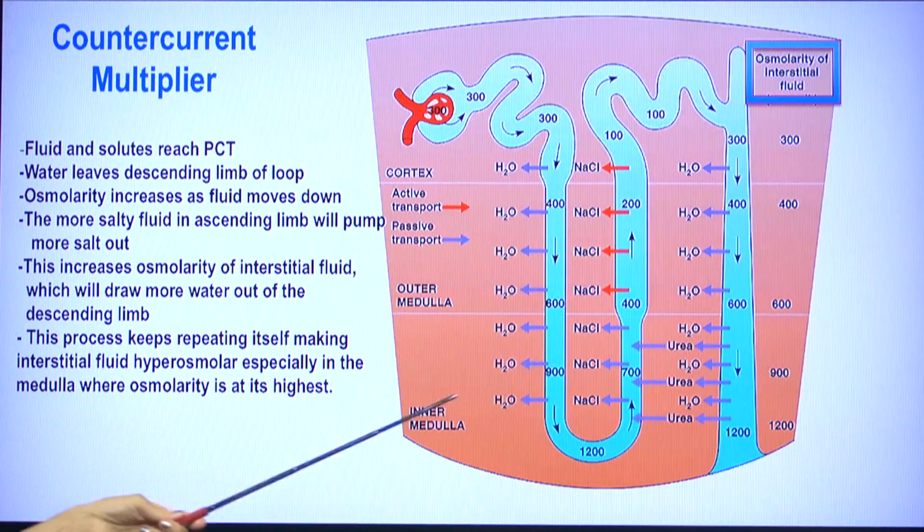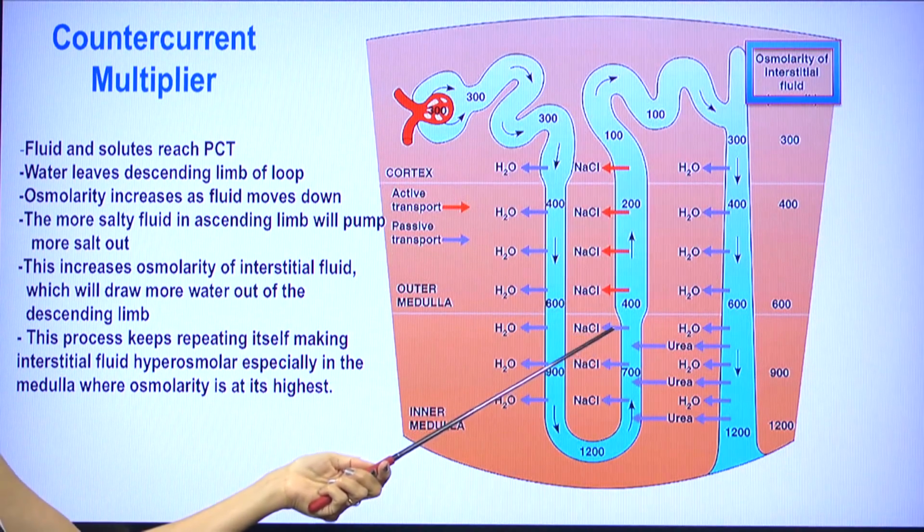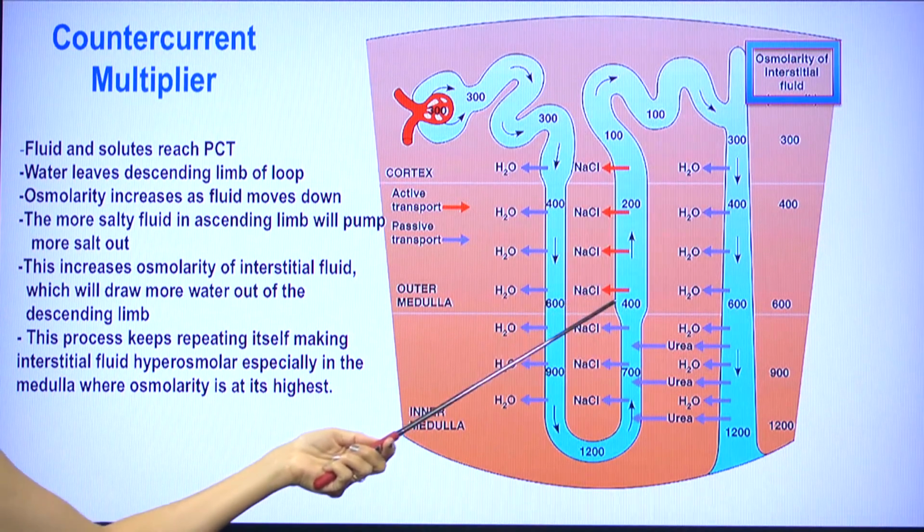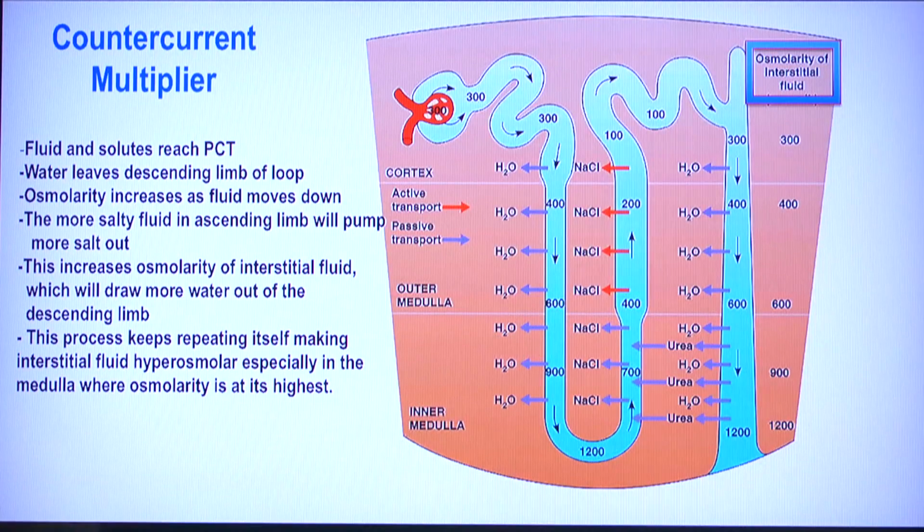And this is very important because this is going to be the only way by which we are going to be reabsorbing those solutes. So from this countercurrent multiplier, let's remember what are the two things that we are achieving.